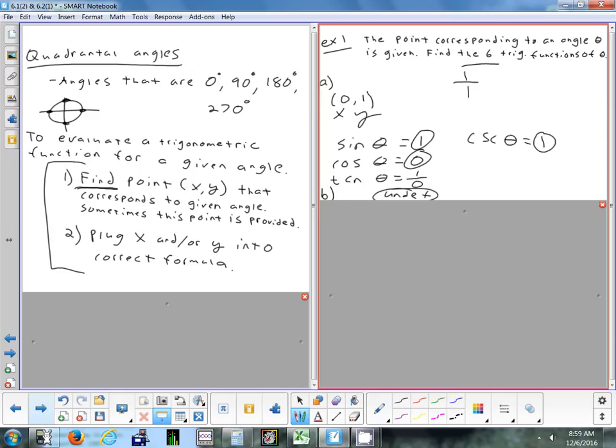There's another one as well. Well, let's try it. So the secant, think of 0 like this. 0 over 1. When you flip it, what do you get? You get 1 over 0 when you flip it. And what's 1 over 0? Undefined.